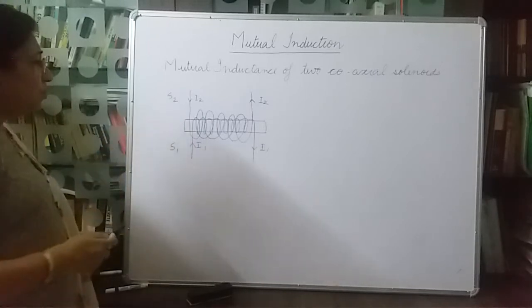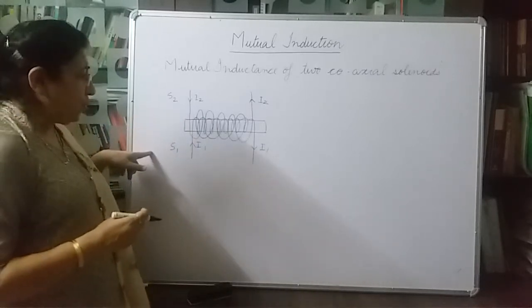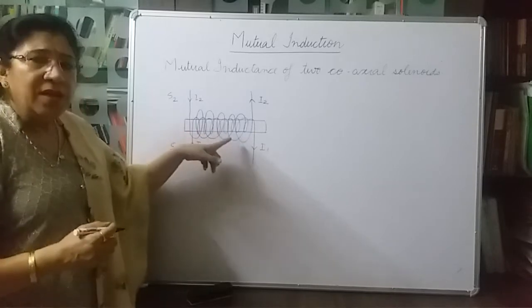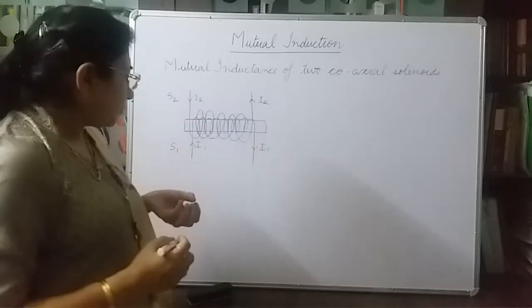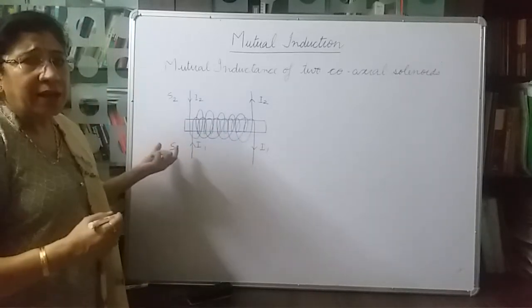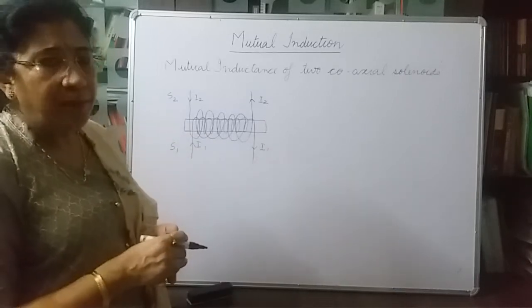We have these two solenoids S1 and S2 and they are wound on the same core. Let us find the mutual inductance of each of these coils one by one.